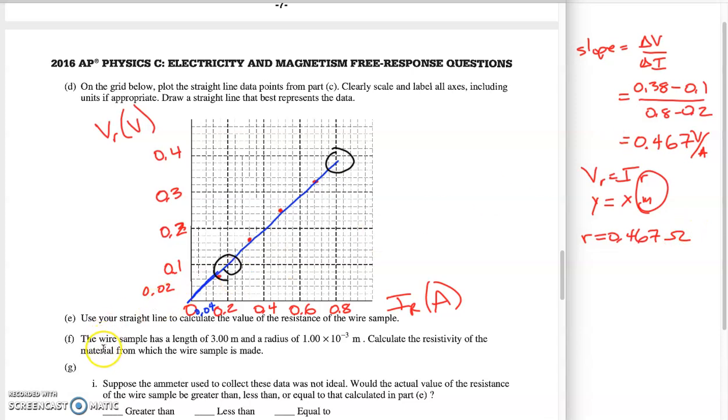For part F, wire sample, what's the resistivity? So the resistivity is going to be measured relating the length of the sample over the cross-sectional area of the sample. Resistivity, that's this rho symbol, and that will give us the resistance. Well, now we know what the resistance is. That's 0.467. Whatever value you get from your slope, from your hand-drawn graph, will go here for the resistance.